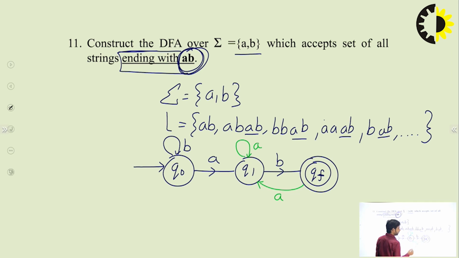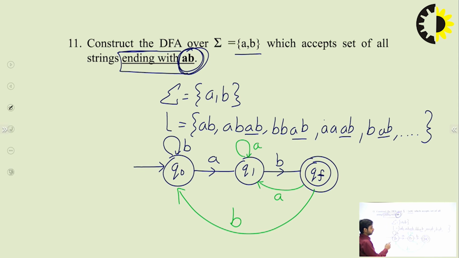Now the transition on B still remains. If I make a transition here on B, it ends with BB. So this is not correct, so we remove this B from here. Now make this transition on B go here.